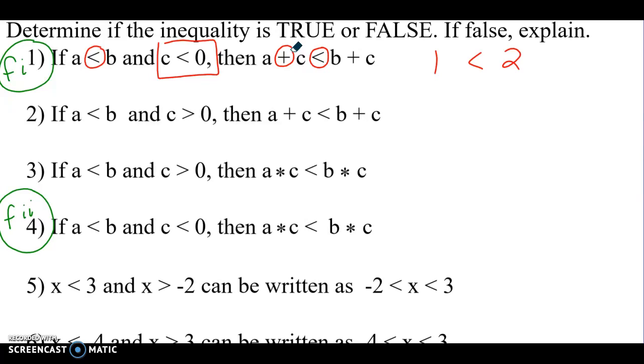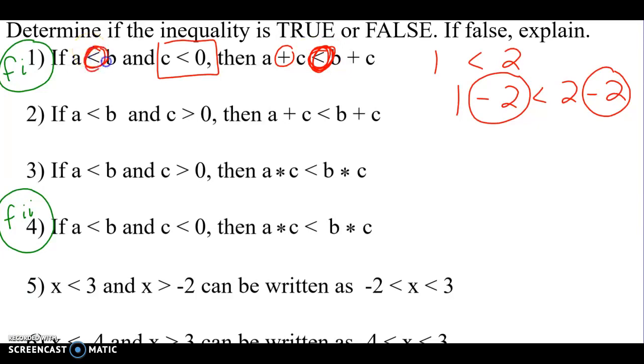So they're saying take some number and subtract it from both sides. So if I subtract 2 from both sides, does the sign stay the same? Yes, so that is a true statement. 1 minus 2 would be negative 1. That is less than 0. So that is a true statement. If you're ever not sure, just plug in some numbers and see if it's a true or false statement.